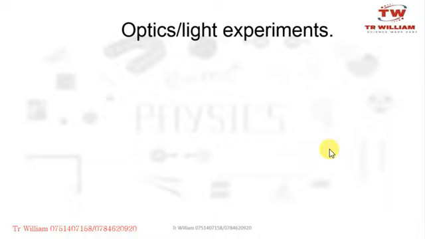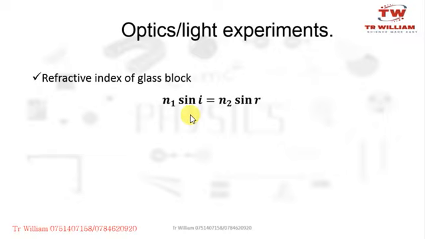I can have a quick hint on the refractive index of a glass block. We know from Snell's law, theoretically, the refractive index of the medium where the light is coming from times the sine of the angle in that medium will be equal to the refractive index of the medium where light is going times the sine of the angle in that medium. Now in this case, if it is a glass block, considering one of the boundaries, most especially light entering glass, then n1 is for air, which we consider to be 1, and n2 will be for glass.